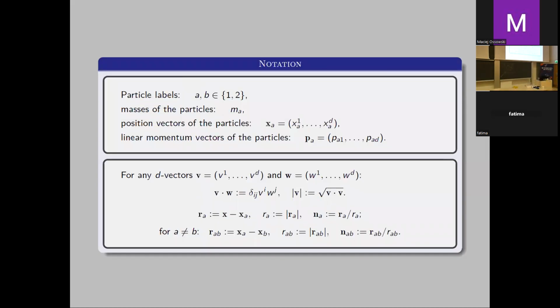Okay, so some more notation. A, B are particle labels, masses of the particles, positions, linear momentum vectors. Dot will mean just the Euclidean, but in general, d-dimensional scalar product. So magnitude of V is again the Euclidean magnitude of the d-vector. And here I have this nice picture, you see, like in the textbook.